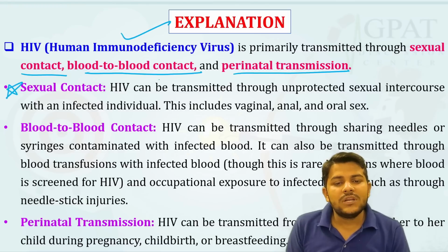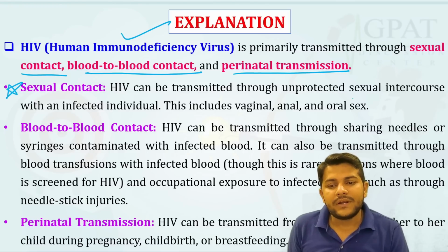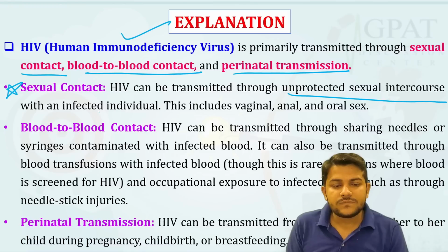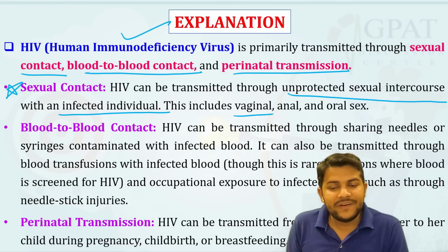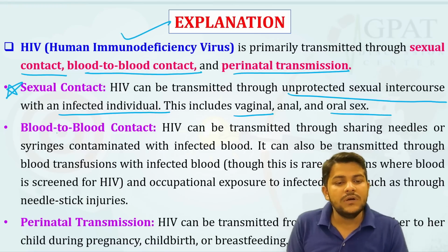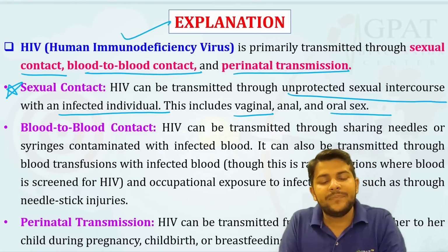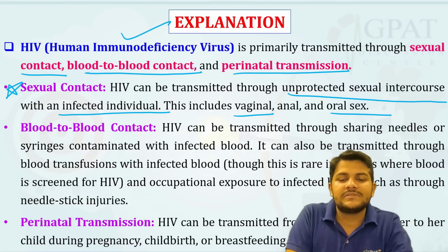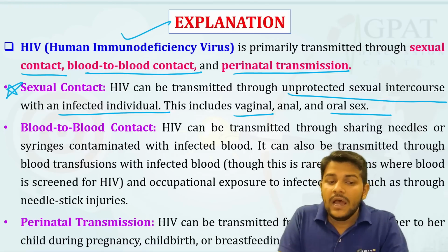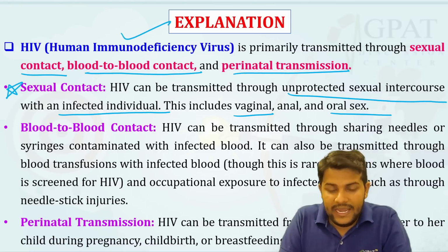Sexual contact: it is transmitted through unprotected sexual intercourse with an infected individual, including vaginal, anal and oral sex. Blood to blood: if a syringe used by an infected person is used on a healthy person, it can cause HIV.